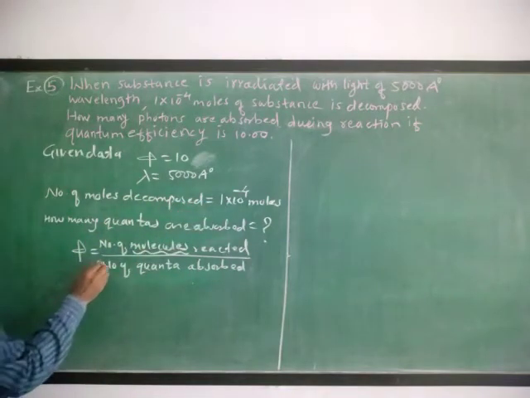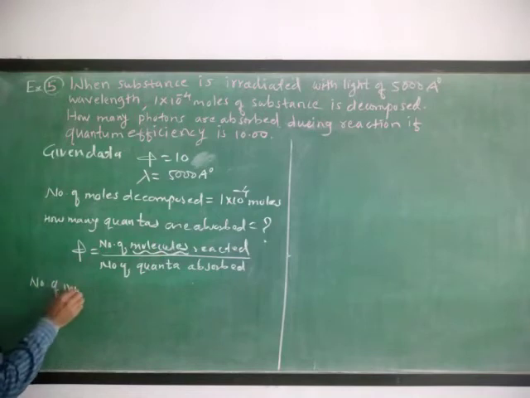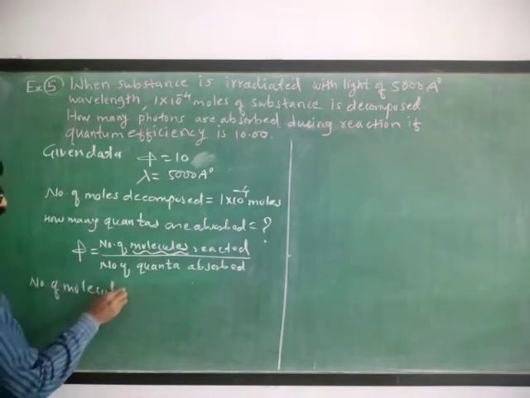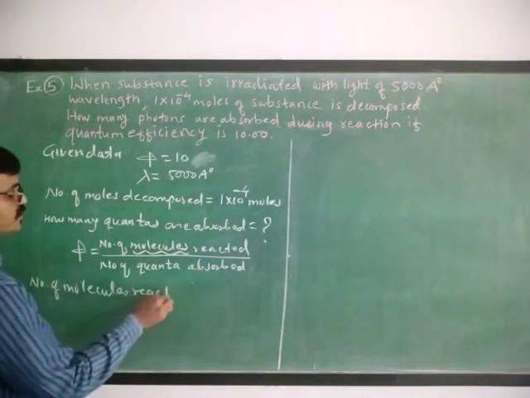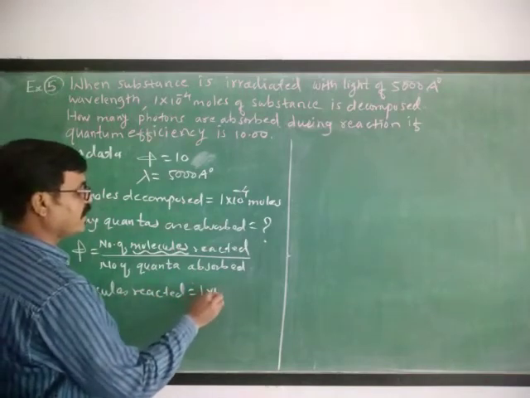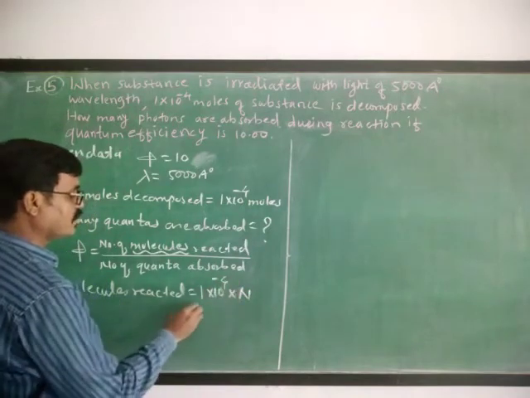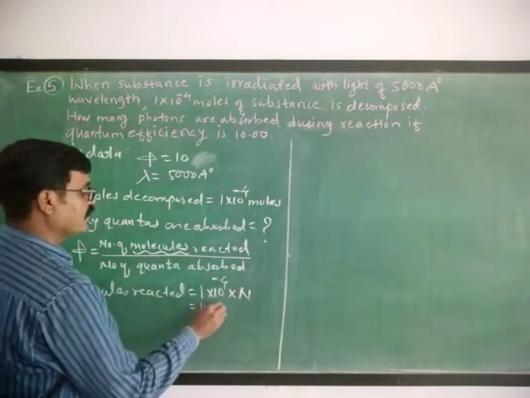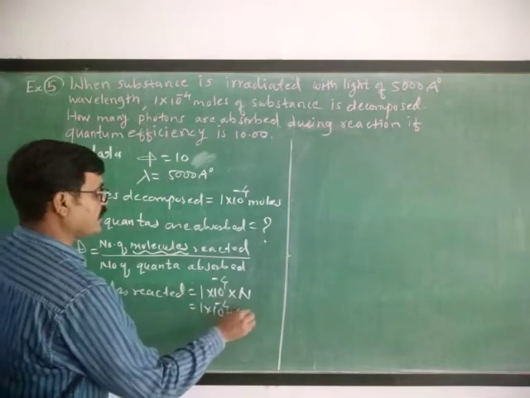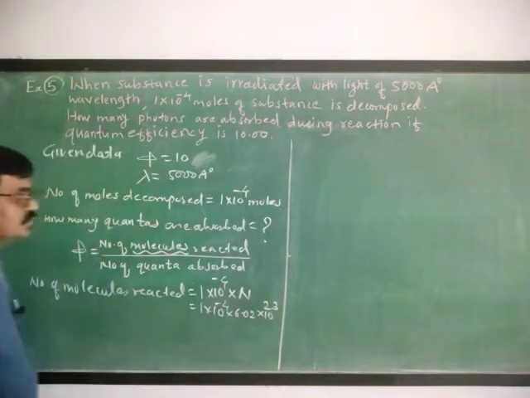The number of molecules reacted will be number of moles multiplied by Avogadro's number, and you know Avogadro's number is 6.023 into 10 raised to power 23 molecules.